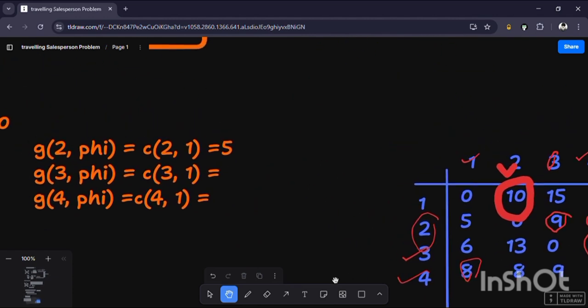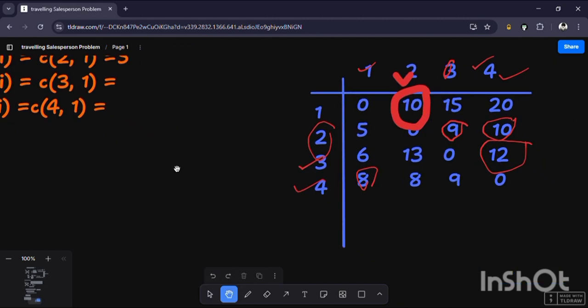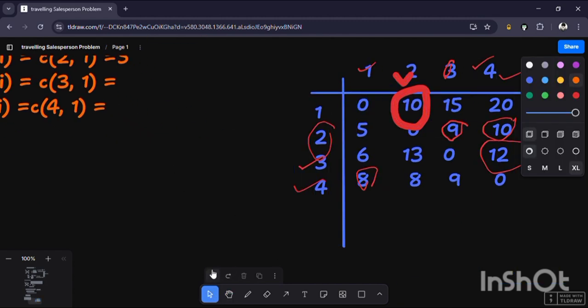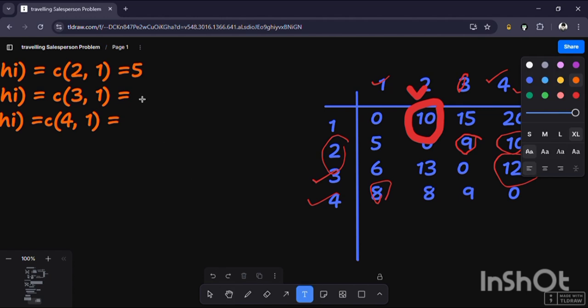So what is the value of 3 to 1? That is 6. And what is the value of 4 to 1? It is 8. Okay, I have calculated the values where mod S equal to 0.